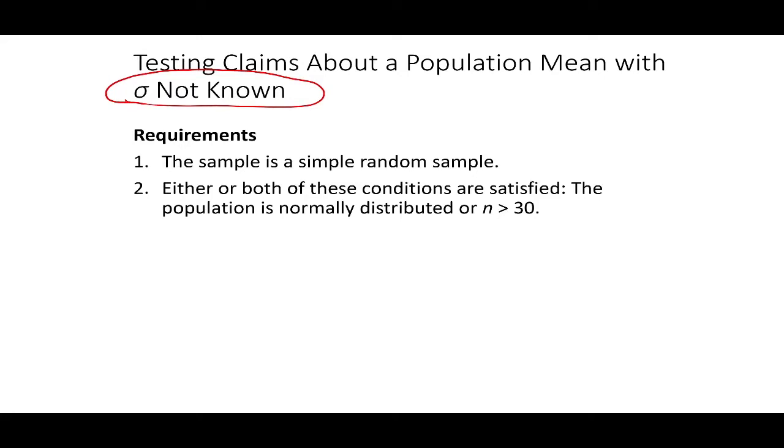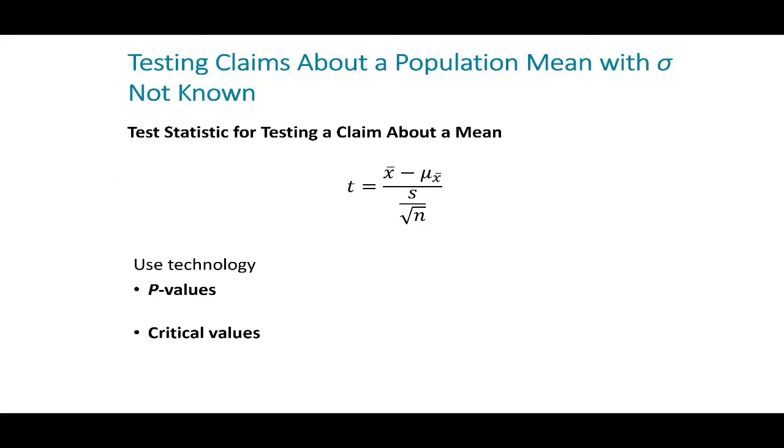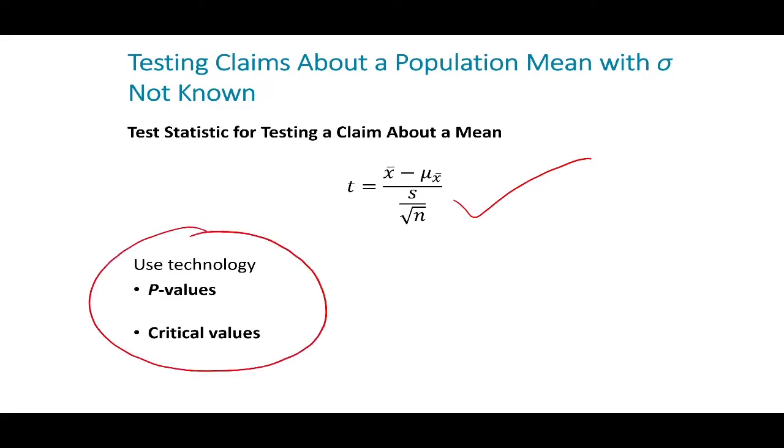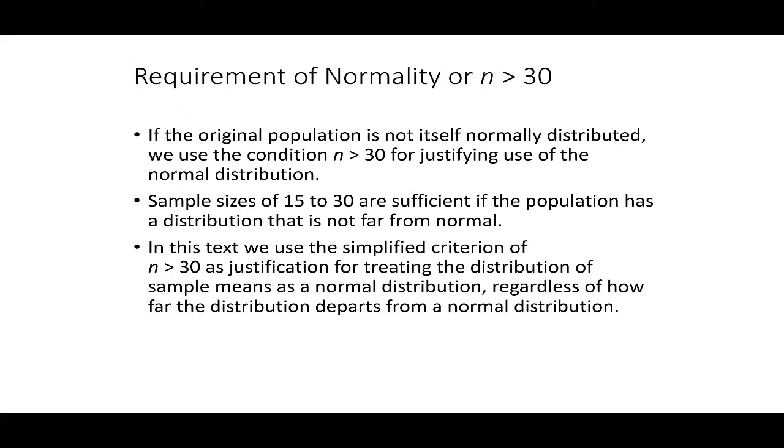These are the two requirements we should have. The first one is that the sample should be a simple random sample, and either the population is normally distributed or the sample size should be greater than 30. So these are the requirements we have to keep in mind. And this is the test statistic formula for finding the t-value, and we are going to use technology, especially for large data, we use StatCrunch for finding these values.